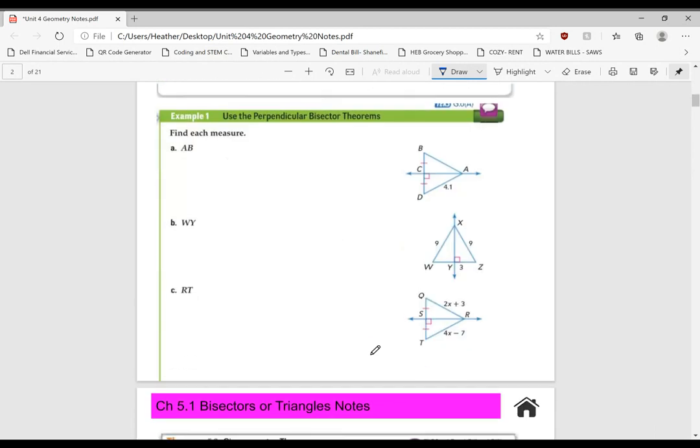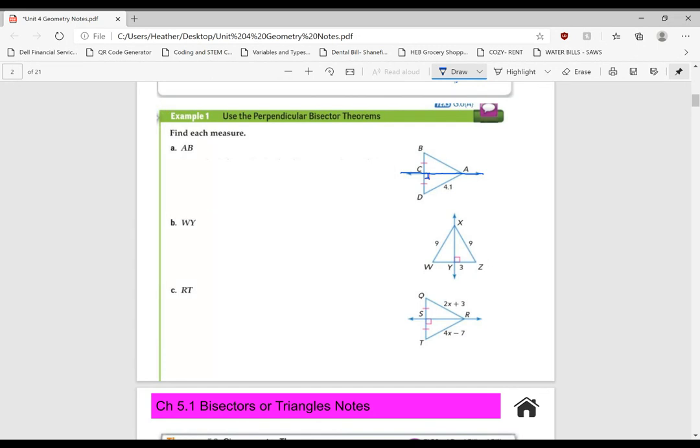So let's go ahead and look at example 1. Example 1 wants us to find each measure. So first we need to find the measure of AB. Looking at our diagram off to the right, we know that CA is the perpendicular bisector of BD. So this line is bisecting BD because of this perpendicular symbol.